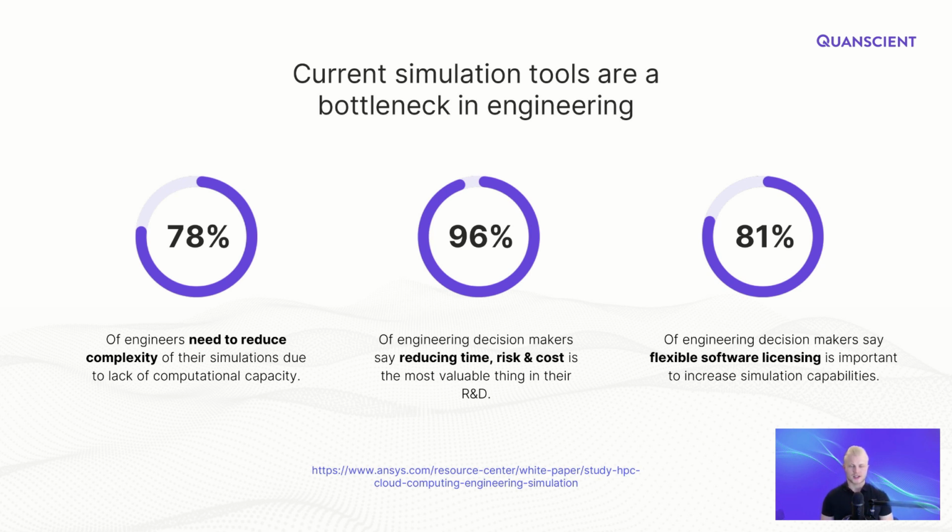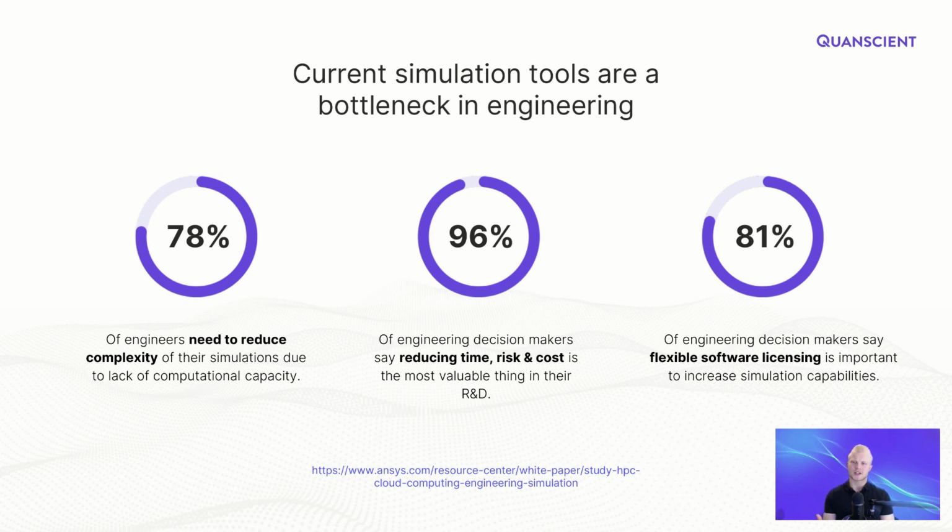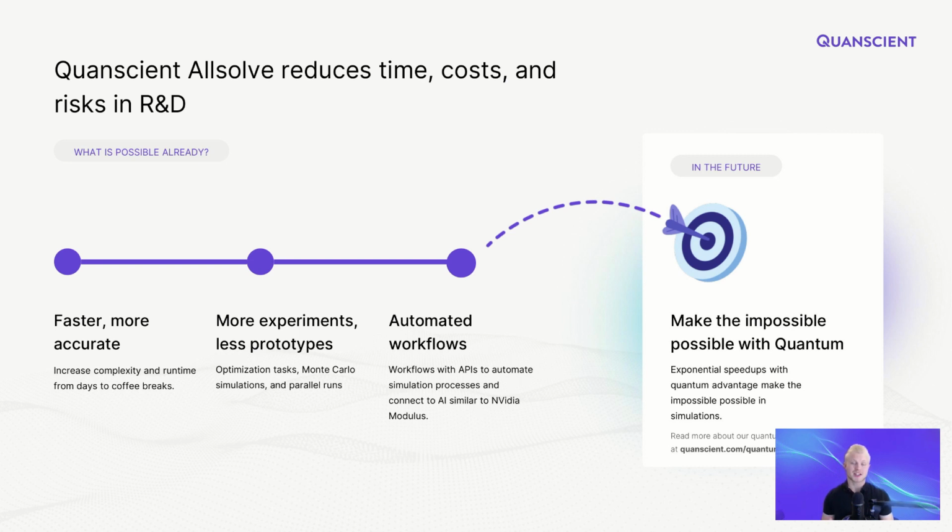In short, the answer is cloud computing. The need to reduce complexity is exactly because of computational capacity, which with the current tools is often limited. That means there is a need to reduce the complexity of the models, which results in less accurate results, or very slow simulations, or at worst, both.